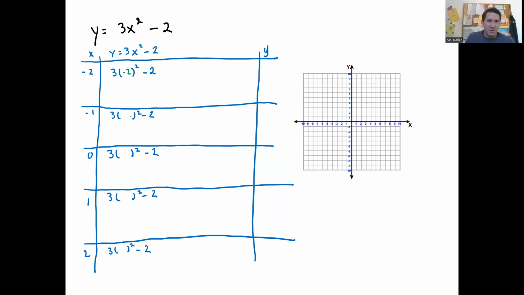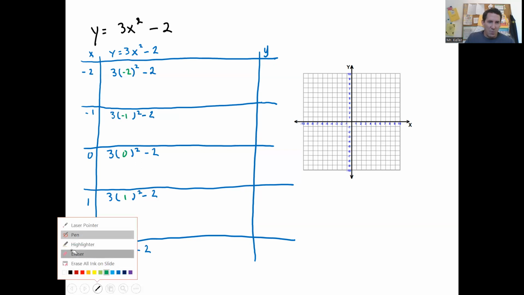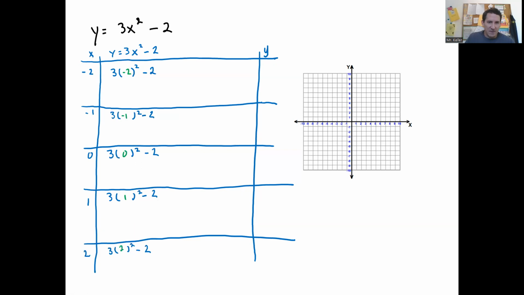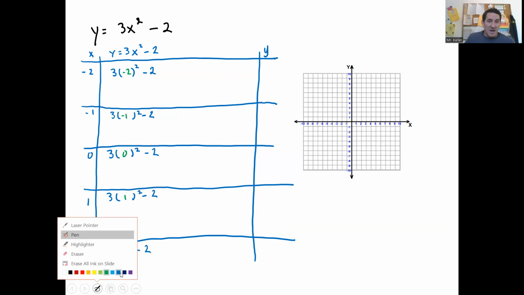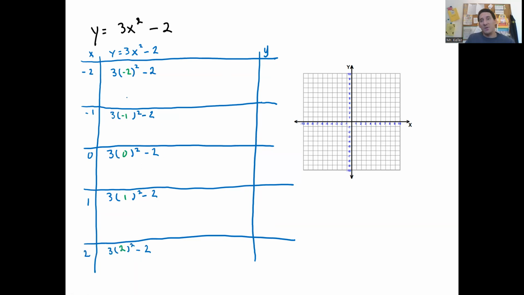So it's going to be -2, -1, 0, 1, 2, just so we can see what makes it a little bit more obvious where I'm filling in the x values. And then I'm going to do this work here. Make sure you are following proper order of operations. You've got to do exponents first, and then multiply, and then do the subtraction last. So it's going to be -2 squared. -2 squared is +4.